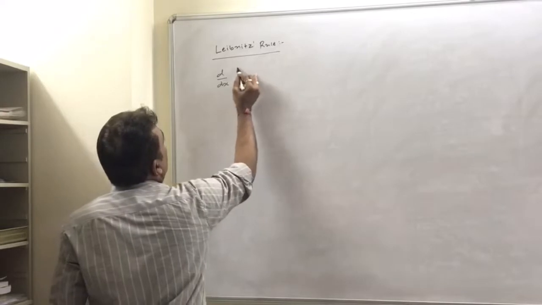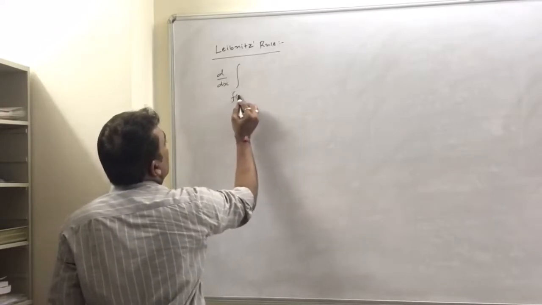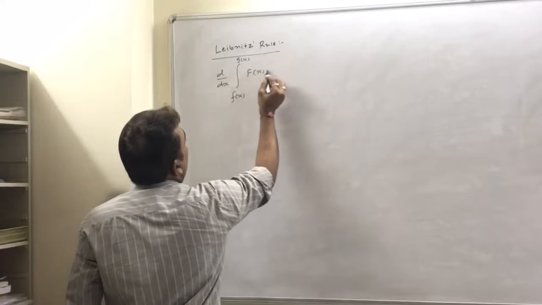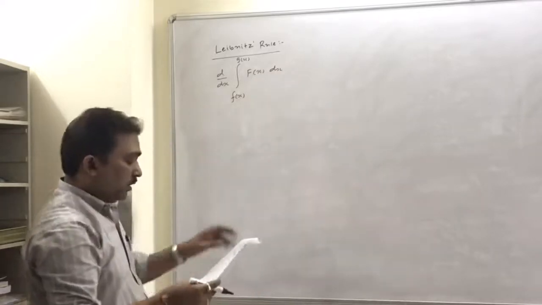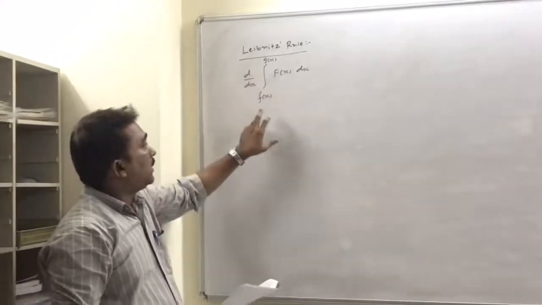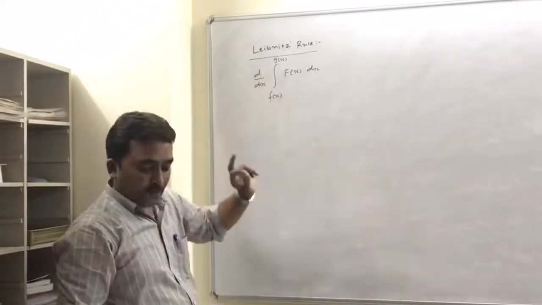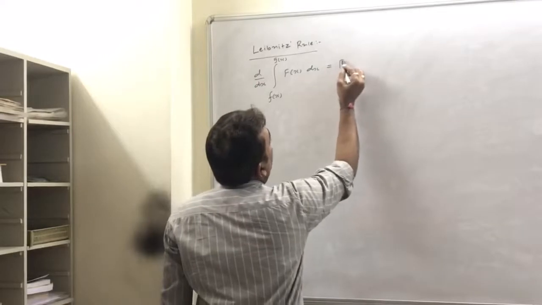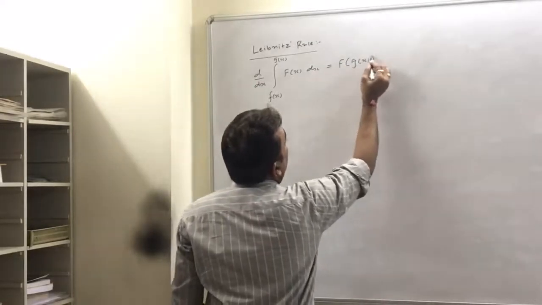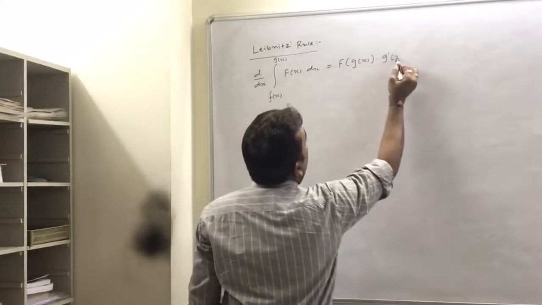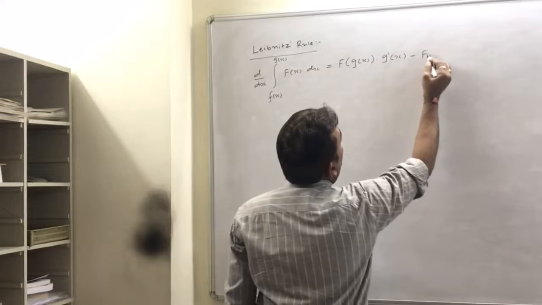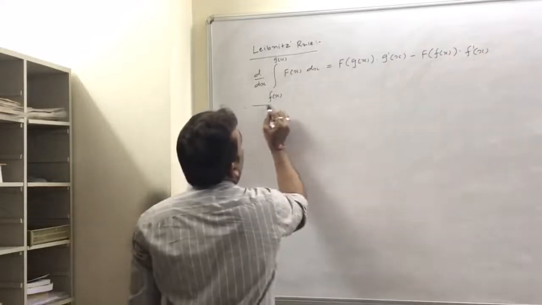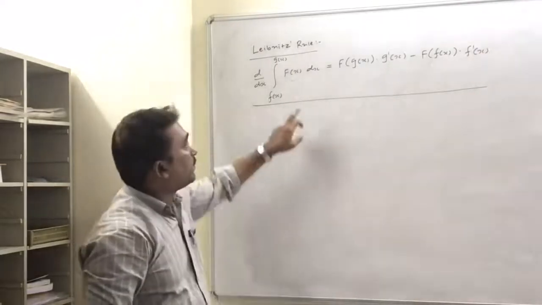If we want to find out the derivative, d/dx of the integral from f(x) to g(x) of capital F(x) dx, then your answer is always capital F of the upper limit g(x) into g dash x, minus capital F of small f(x) into f dash x. This is the Leibniz rule. You have to remember this.